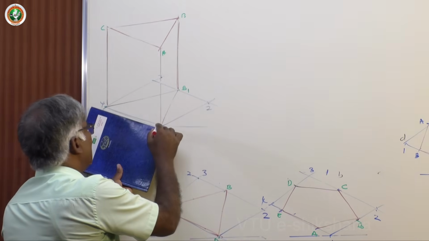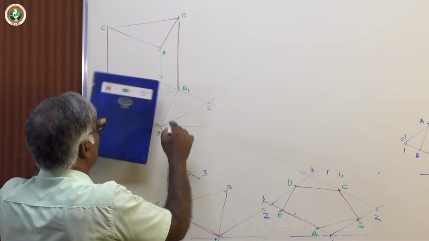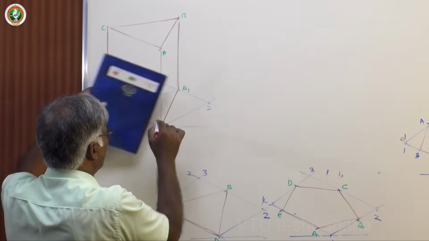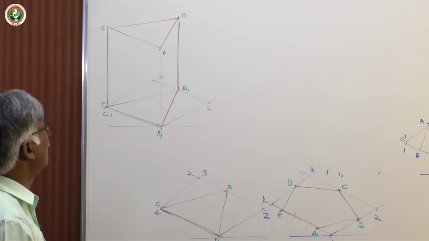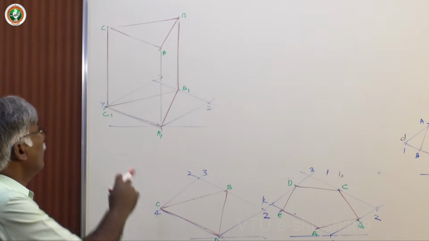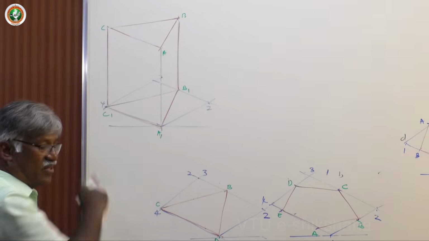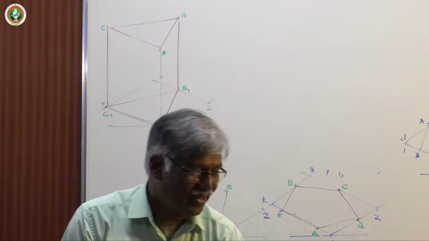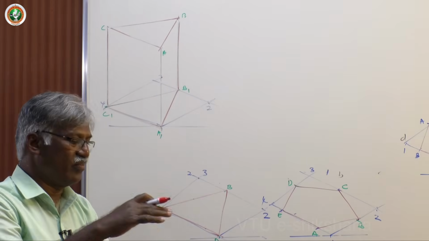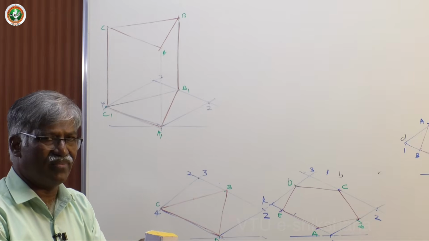Completely dark. Then base edges which are part of boundary lines. That's all. Now this is the visible surface, this is the invisible surface. Any time you come across prisms, top face is visible, base is not visible.